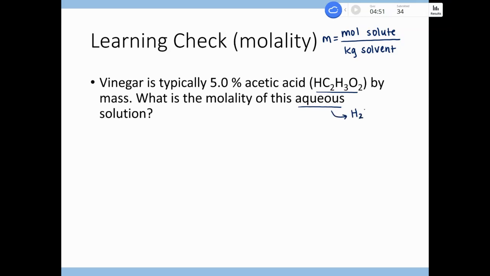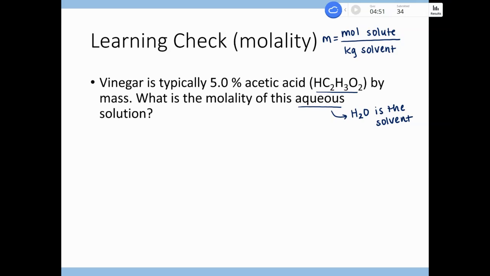So water is the solvent. So when we're provided mass percentage, this means for any amount of the full solution, in this case, 5% of that is acetic acid. So we can convert that into useful values here.